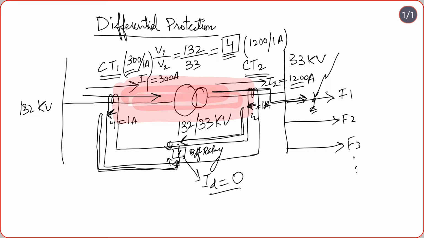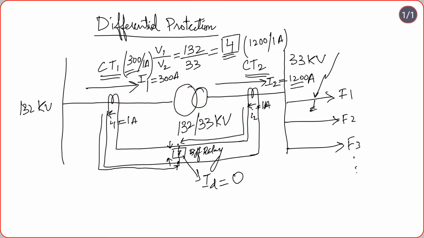Now suppose the fault occurs within the differential protection zone. Let us say the fault occurs here. The direction of current on the 132 kV side will be like this, and on the 33 kV side will be like this, towards the fault.